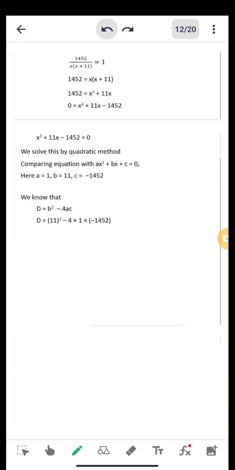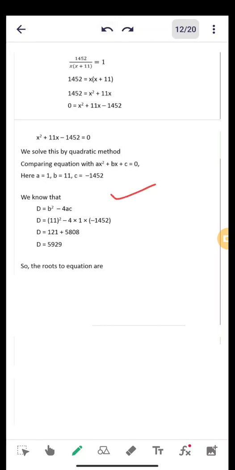Finding the discriminant, b square minus 4ac, substituting the values, 11 square minus 4ac. This becomes 121 plus 5808. That is 5929. So for 5929, we should know the root.